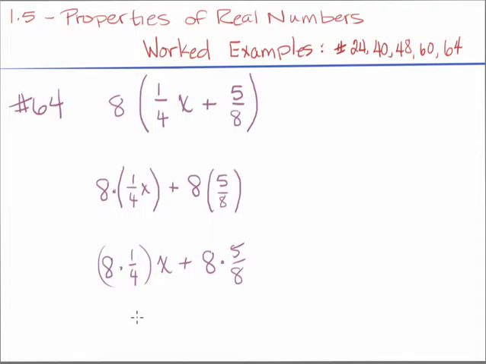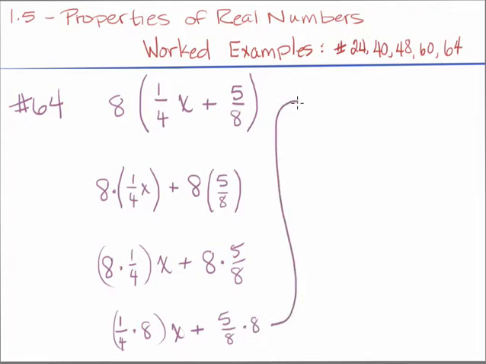If I use the same trick in this question, 8 of 1/4 doesn't make sense. But the commutative property of multiplication lets me rewrite this as 1/4 times 8 times x and 5/8 times 8. 1/4 times 8 means 1/4 of 8.